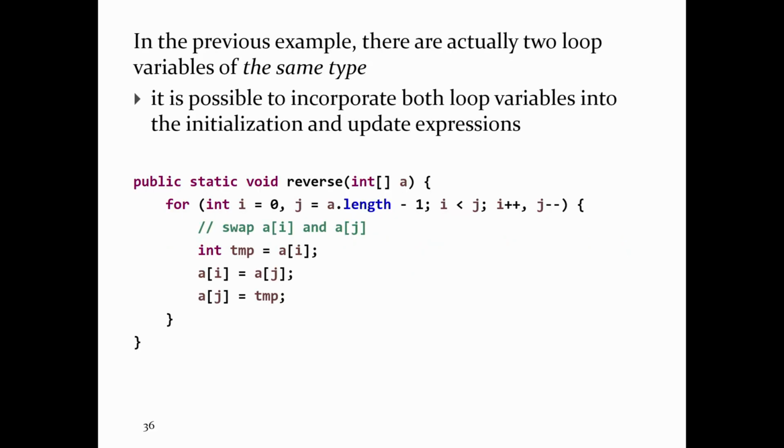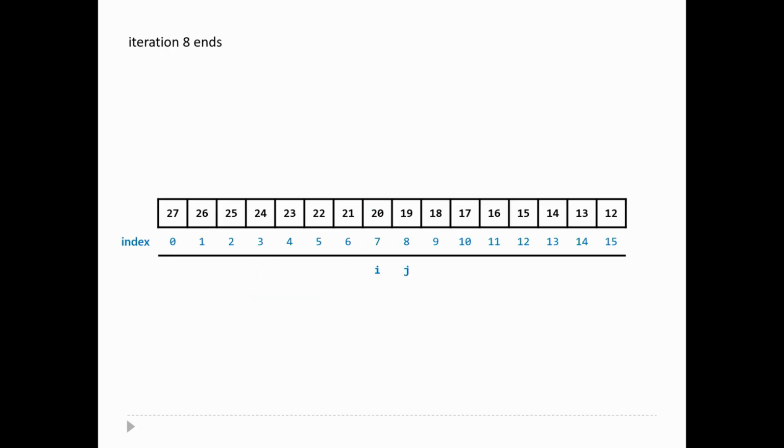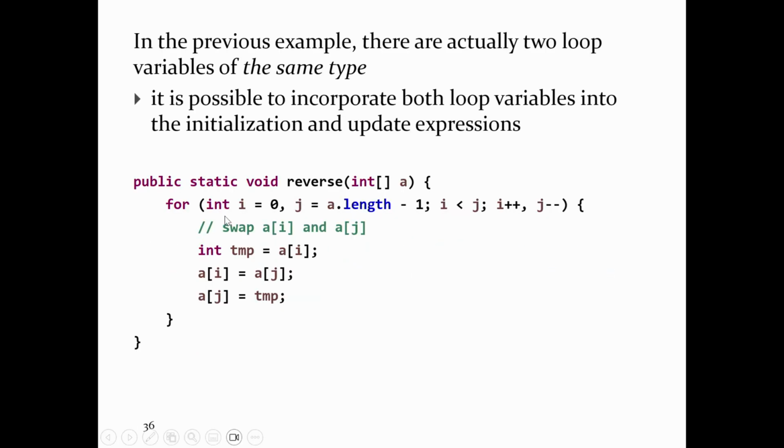Okay. And so in this example here, there's really two loop variables, i and j. And so in Java, you can write a loop using more than one loop variable. So here, instead of declaring j outside the loop, I can declare j when I declare i. So int i is equal to 0, comma, j is equal to the length of the array minus 1.